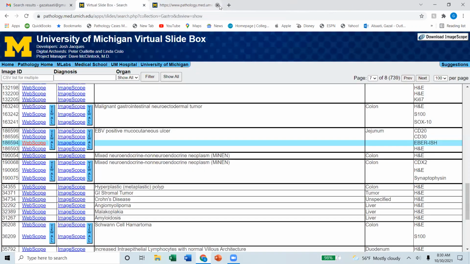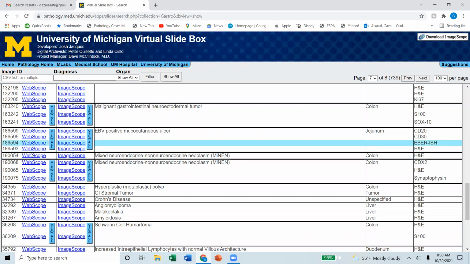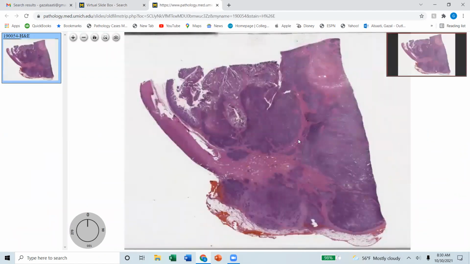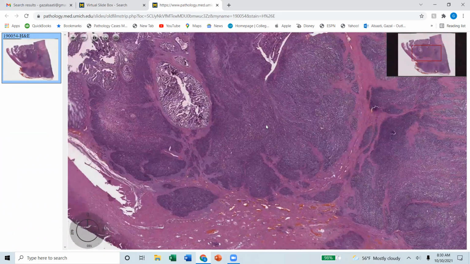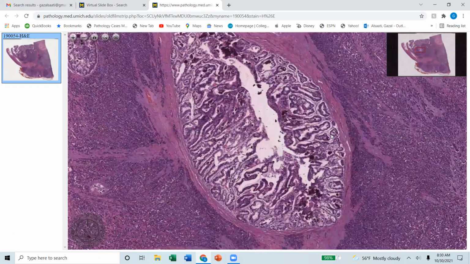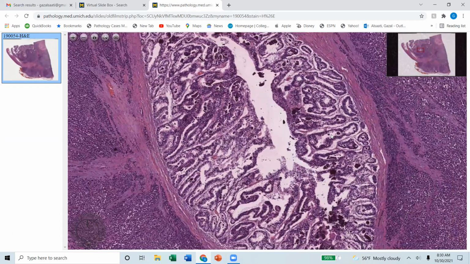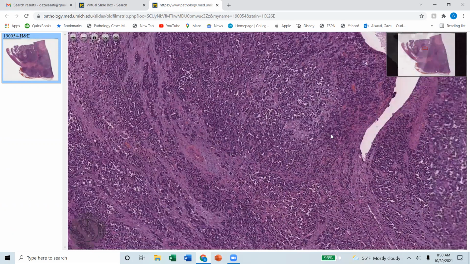All right. Next is mixed neuroendocrine, non-neuroendocrine neoplasm. I don't know if I have made that diagnosis before, but let's see. There will be both components mixed. So there is a glandular and neuroendocrine differentiation.